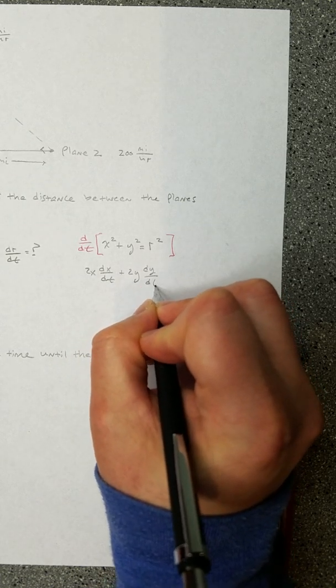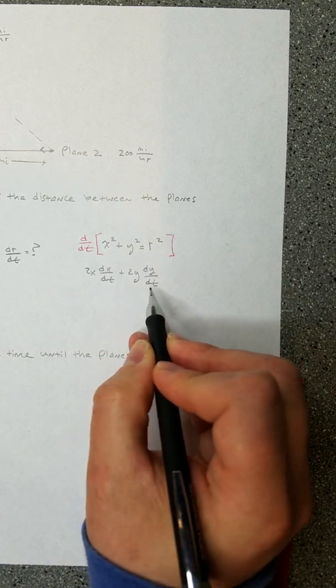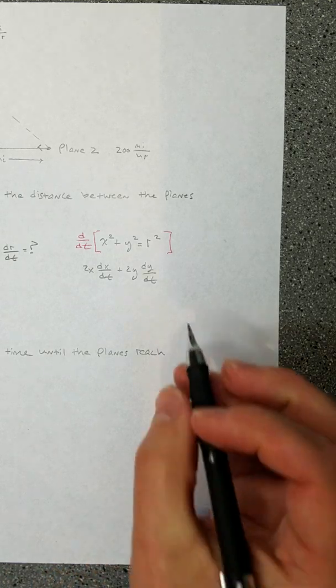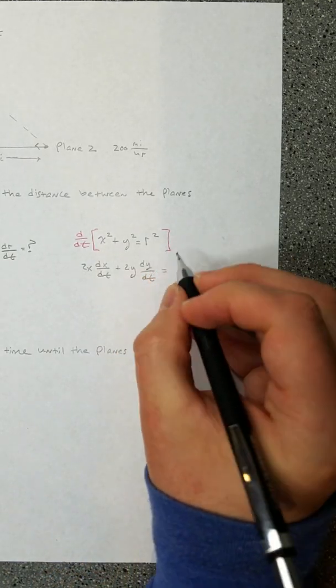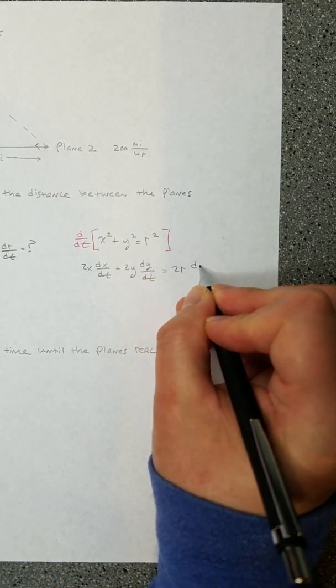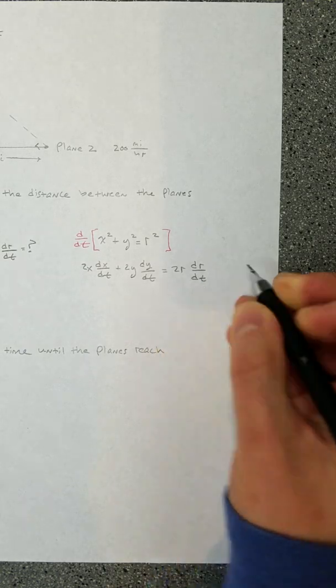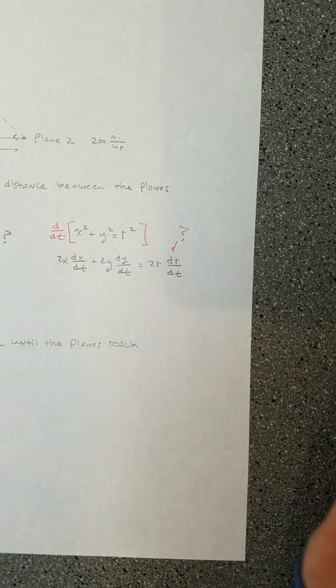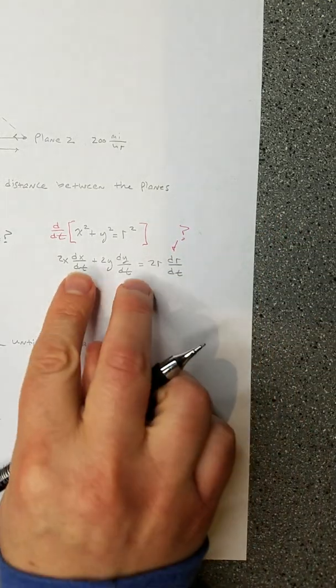dy/dt. Why the dx/dt and dy/dt? Well, because x and y change in time, because everything's moving. What about over here? R. So 2r dr/dt. And this is the thing that you're after right here. You want to figure that out. Do you happen to know these?